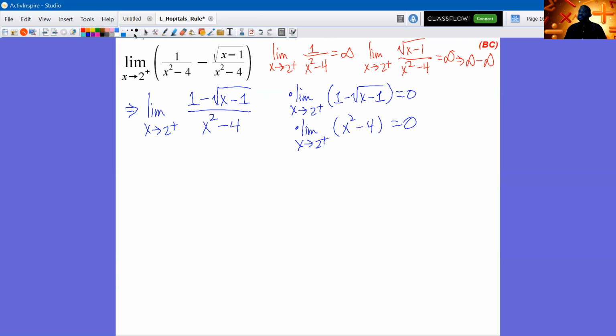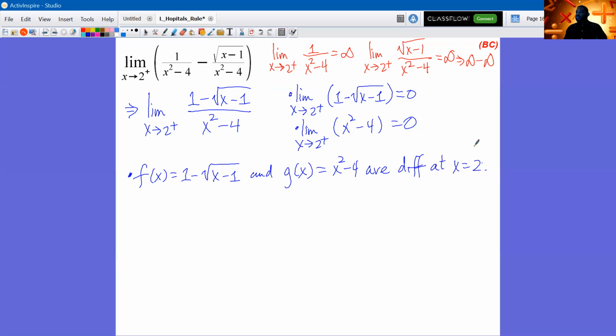So I know I can use L'Hopital's rule, so I need to talk about differentiability of my functions at 2. Now I can use L'Hopital's rule once I've stated that.